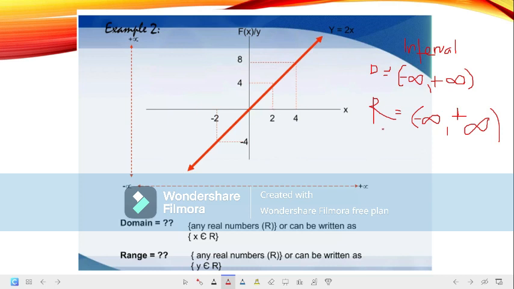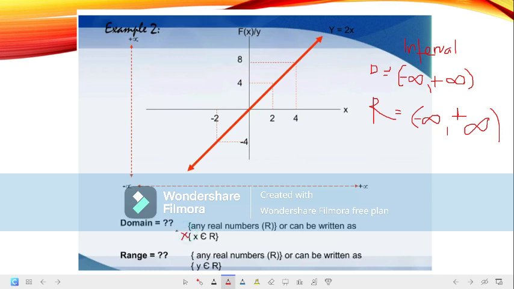Now how about using the set builder notation? This is the same as before, but we could also use symbols. You have any real numbers R, or it can be written as x is an element of R. For the set builder notation, to make it complete, we will write x.